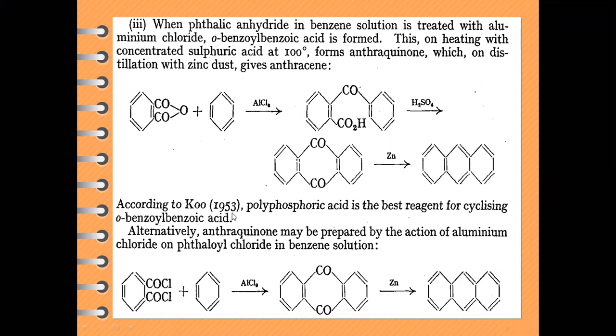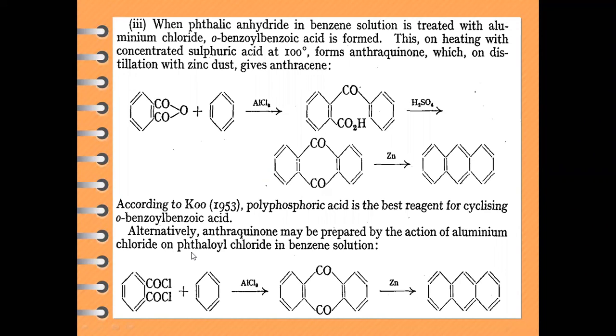This method was given in 1953. Instead of aluminium chloride, we can also use polyphosphoric acid as a cyclizing agent.